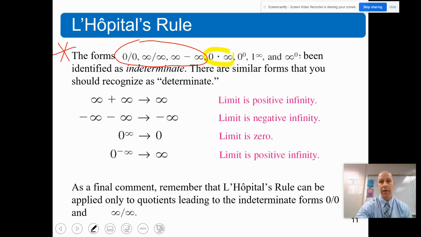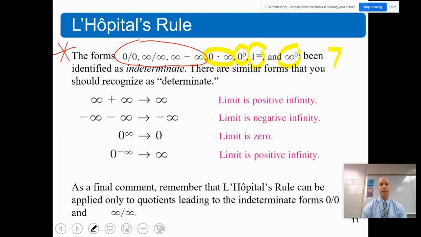Also, we have the indeterminate form of 0 times infinity. It seems like 0 times infinity should be 0, but it is also an indeterminate form. 0 to the 0 power is an indeterminate form. 1 to the infinity, which you'd think is 1, is also indeterminate. These are all indeterminate forms. So there are 1, 2, 3, 4, 5, 6, 7. There are 7 indeterminate forms.